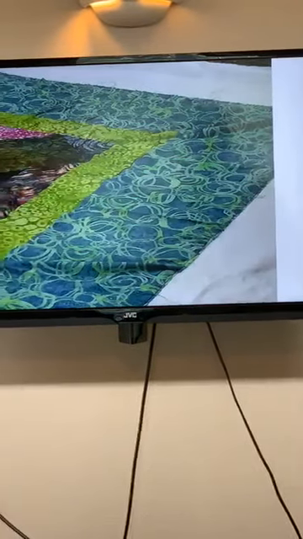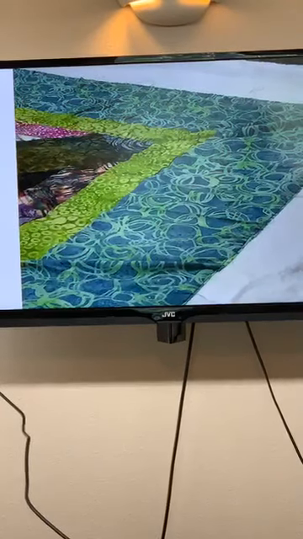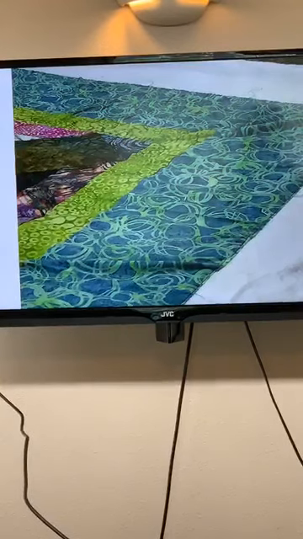With mitered corners, you have a natural bias, and bias is stretchy, and it can cause all sorts of fun and creative waves in a border. But also, if it's not put on right, it is going to give a whole bunch of extra fabric in that area. And that's what you can see in this one.